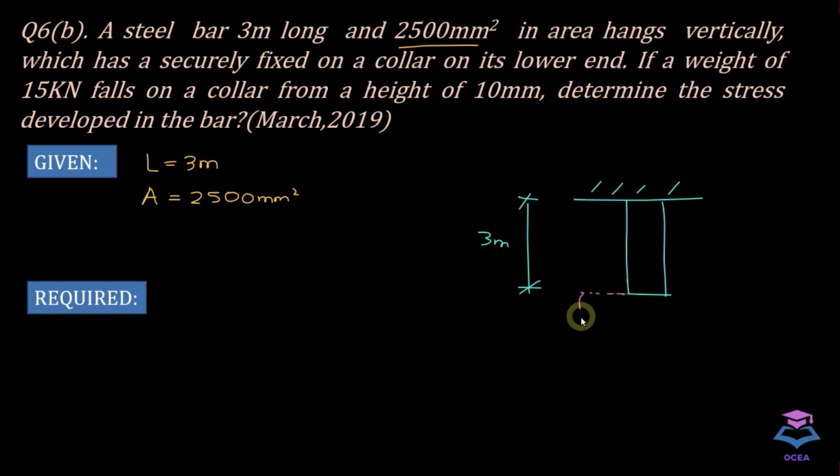So let's draw the collar with a different color. And if a weight of 15 kilonewton falls on the collar from a height of 10 millimeter, determine the stress developed in the bar.